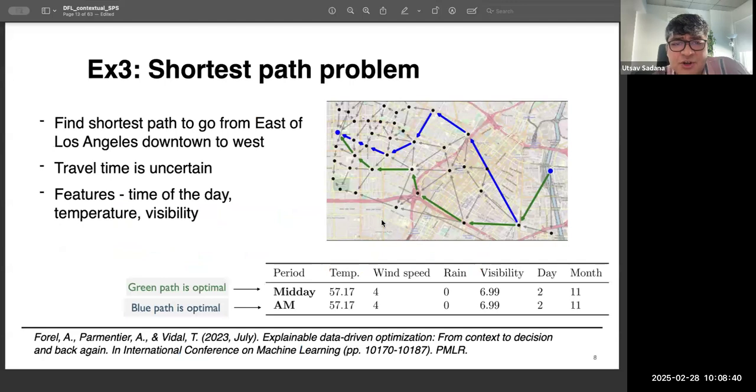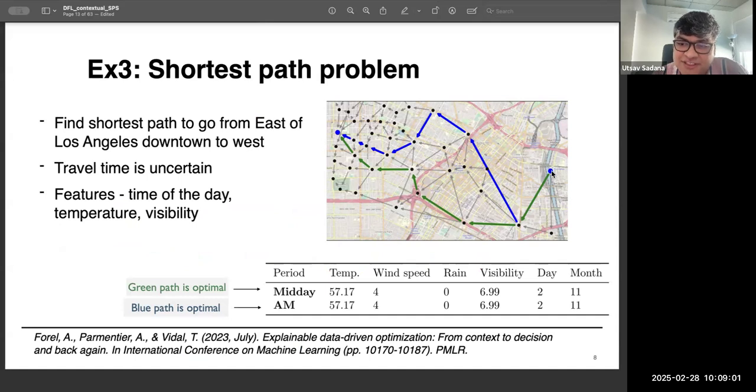Another problem is a shortest path problem. This figure is taken from a paper by Alex Forel on explaining the decisions. What you have here on the right is the graph of downtown Los Angeles.